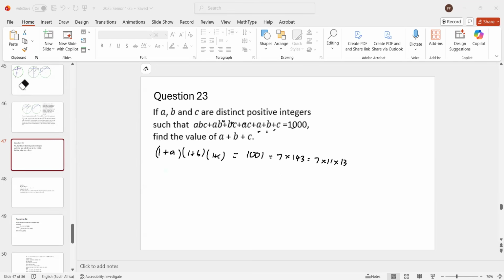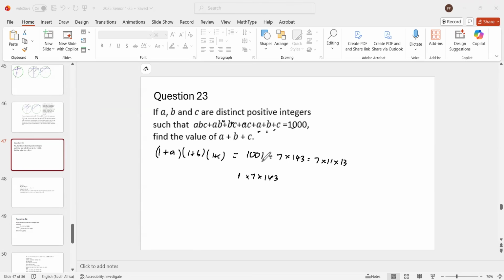Okay, so now does this mean now that we know what A, B, and C are? Not necessarily. You got the product of three numbers is the product of these three numbers. But there's, okay. So you could have other factors for this, you see. You could have 1 as a factor, 1 times 7 times 143, right? 3 numbers being multiplied.